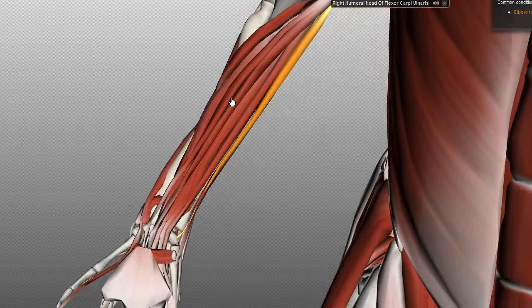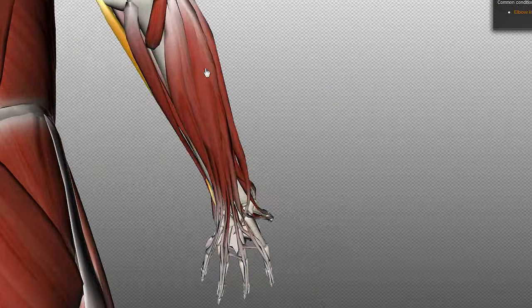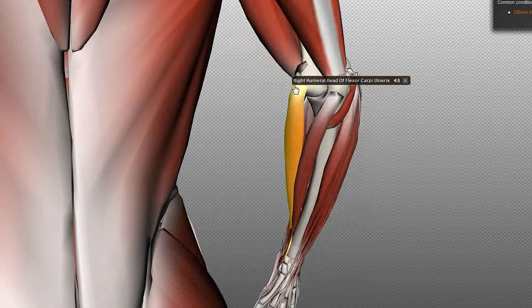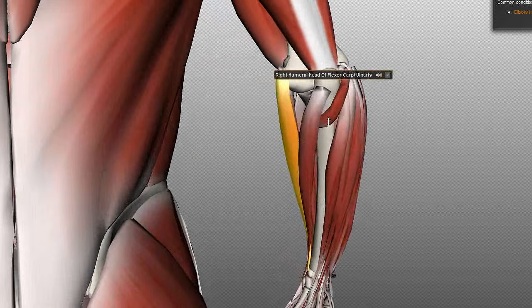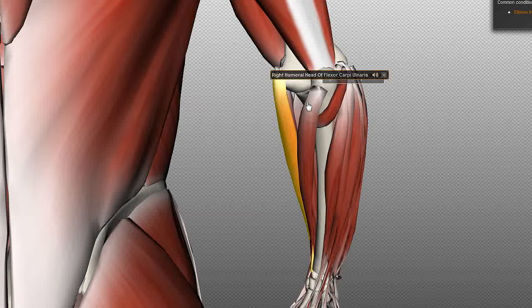This muscle actually has two heads. I'll just rotate this model around. You can see one head inserting on the medial epicondyle of the humerus and the other head inserting posteriorly on the ulna and at the olecranon. So it's got two heads, the flexor carpi ulnaris.